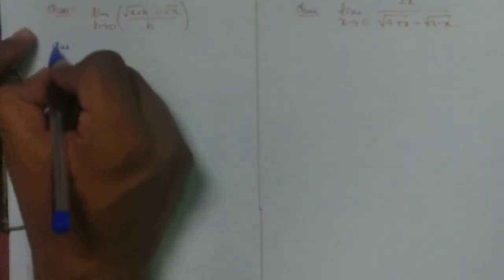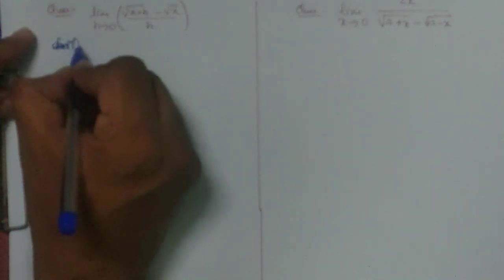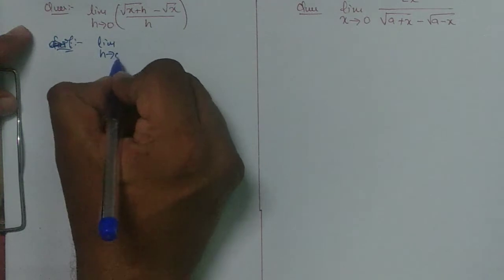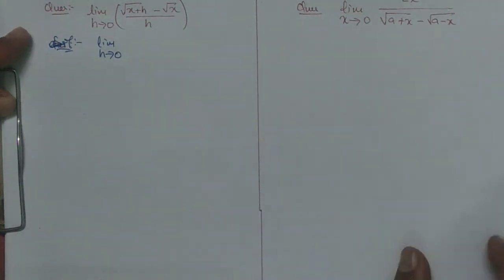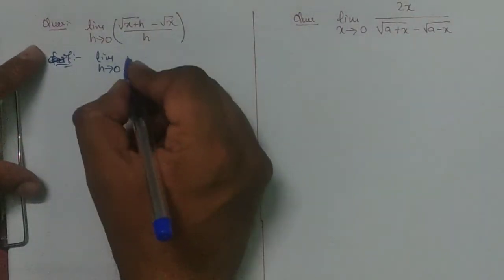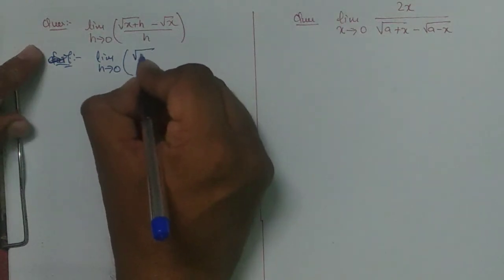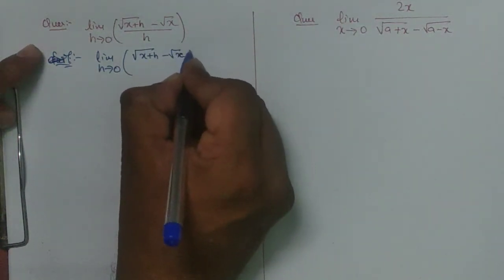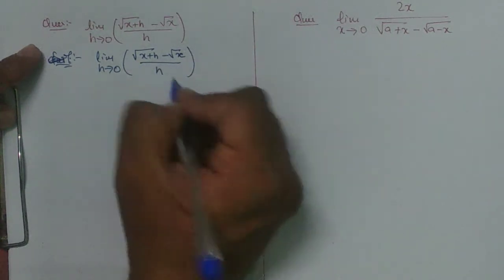Now let us solve another question. This question is a little bit different from the previous questions. Limit h tends to 0, root x plus h minus root x upon h.